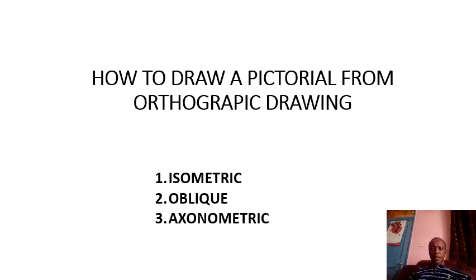And I think I have introduced in class orthographic drawings and isometric drawings. So some of the pictorial drawings that we have looked at are isometric projection, oblique projection, and axonometric projection.